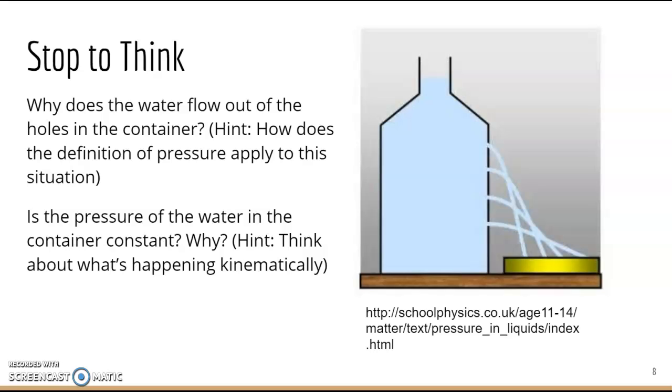This means that the water has the largest horizontal acceleration at that point. So therefore, it must have the largest force at that bottommost point, and therefore the largest pressure. So we can see here that, as compared to, let's say, that top surface of the water, the pressure is increasing as we get lower and lower in depth in the water.